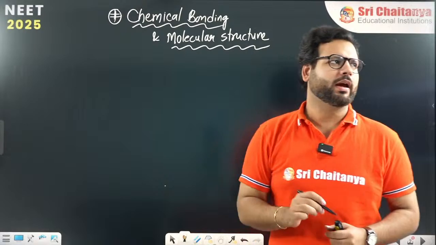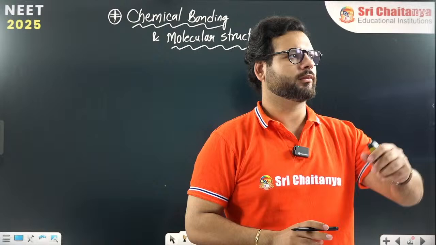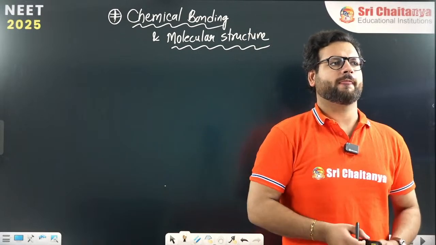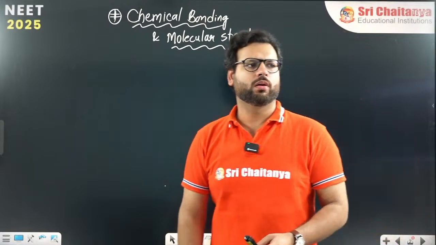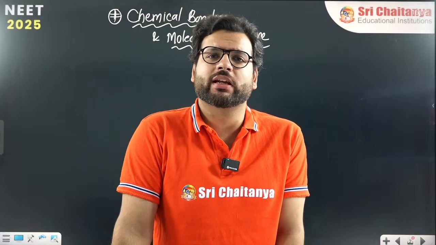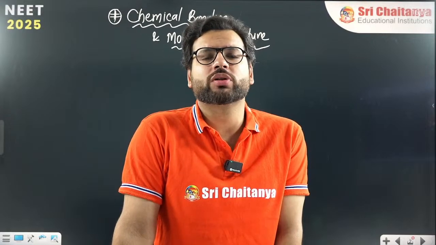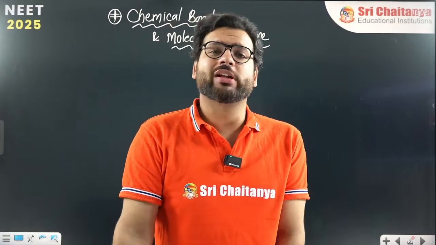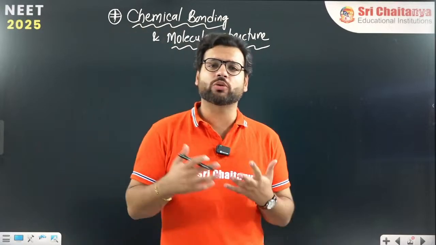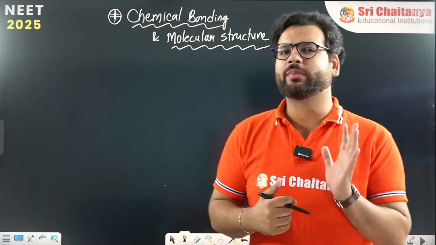Today, in today's class or in the next 3 or 4 classes, I'll be dealing with how you draw structures of a given molecule. If a molecule is given to you like CO2, or an ion like NO2 minus, NO3 minus, then how do you draw their structures? Some tricks I'll be discussing.